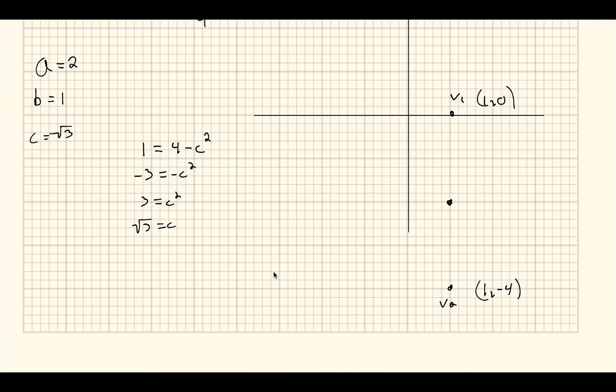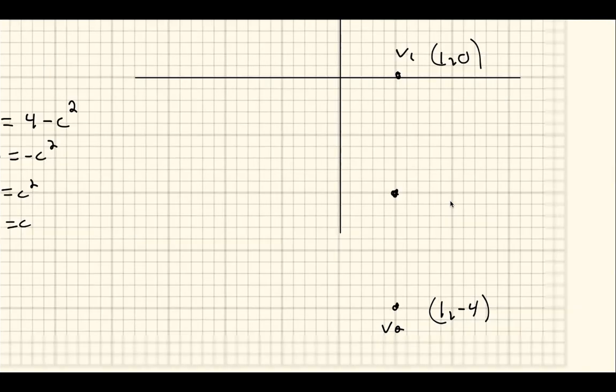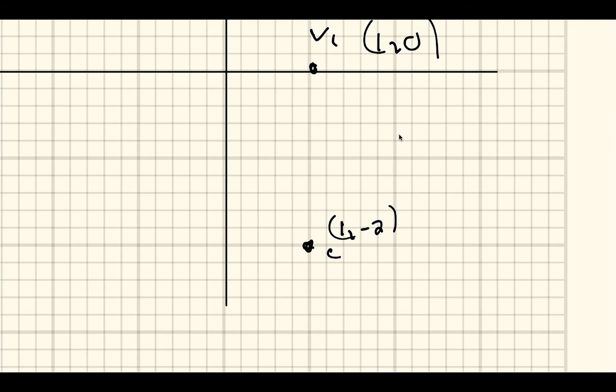Next, we need to find our foci, which, remember, I'd mentioned our foci are a distance of C away from the center. So adding root 3 to the y-coordinate of my center, which, remember, was 1, negative 2. That's my center. We're going to get a decimal, but we can just write it as whatever plus root 3. So it'd be negative 2, we can add root 3 to it. So wherever that is, it'll be somewhere here.